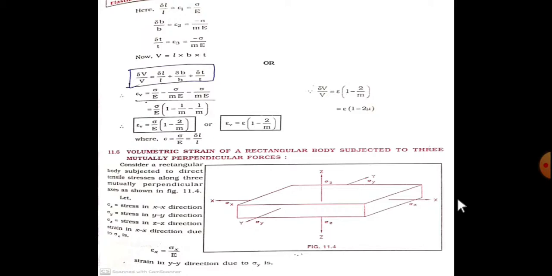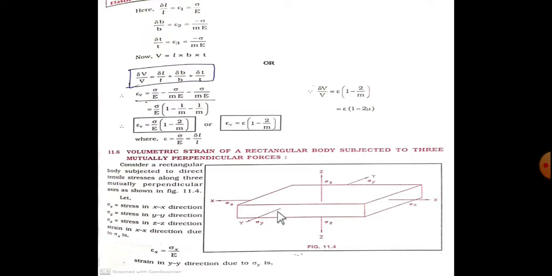So that is simple when a body is subjected to a single force on a three-dimensional body. But whenever there is more than a single force, what happens? Let's try to understand three forces in three directions. Suppose this is our body, having x, y and z. This is the x direction, this is the y direction and this is the z direction.